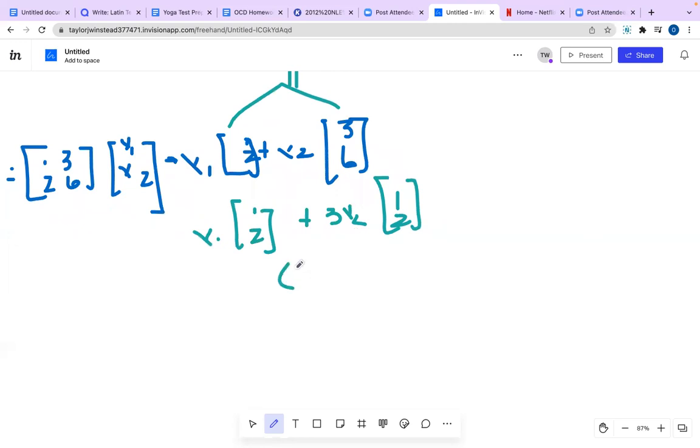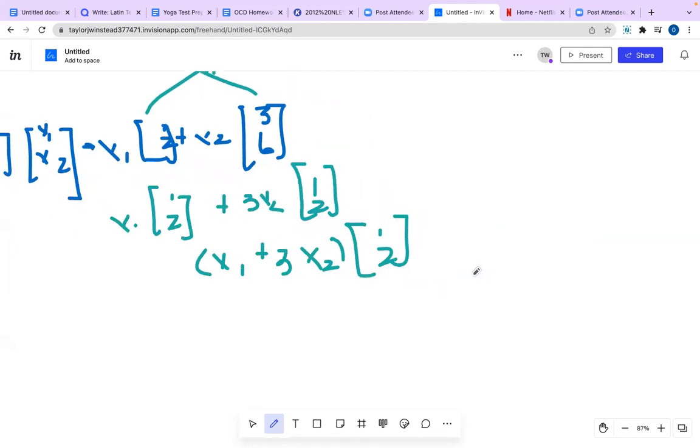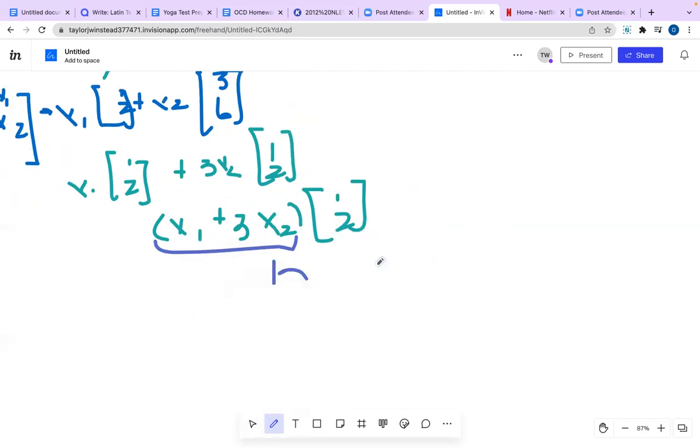We can write this in another form by saying (x1 plus 3x2). Now, you might be thinking, what's the significance of the x1 plus 3x2? Just treat this as any scalar, right? Because we can have any scalar here. We're just going to say k here, times this vector (1, 2), is equal to the image.